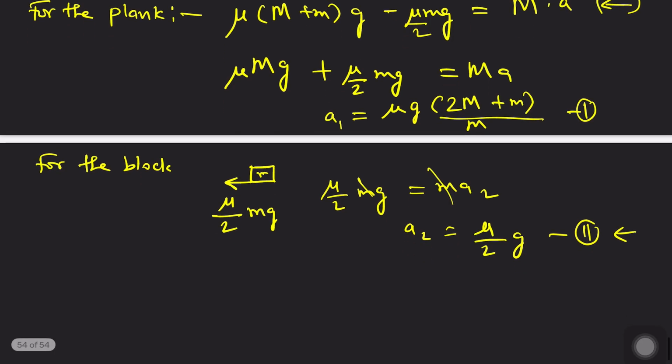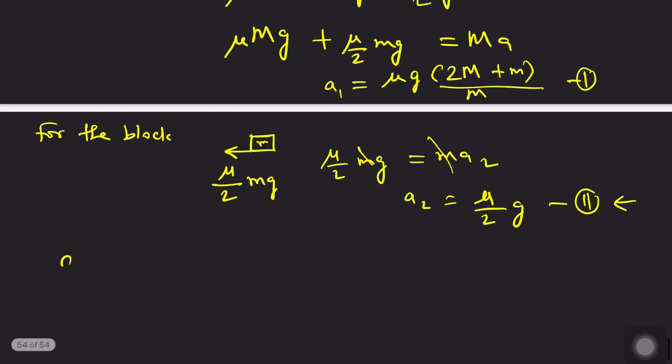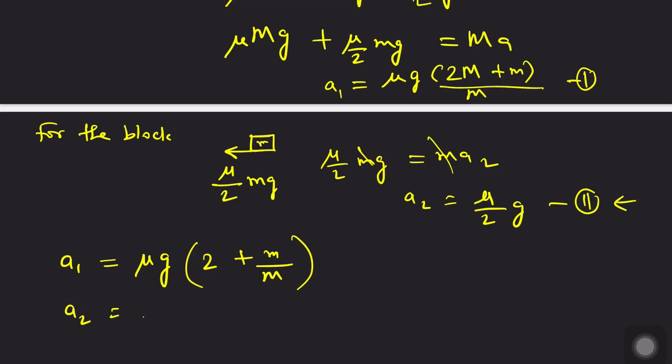Now if you compare these two values, a1 is mu g into 2 plus small m divided by capital M, and a2 is mu g by 2. You tell me which one is bigger.